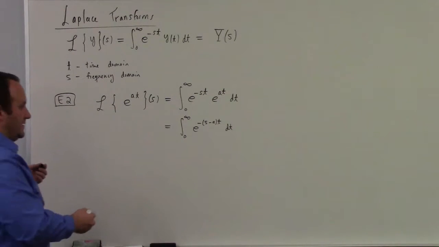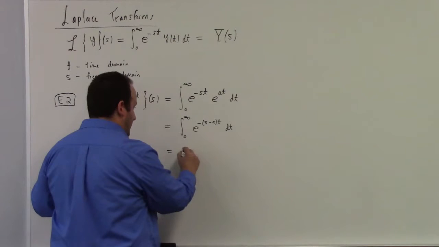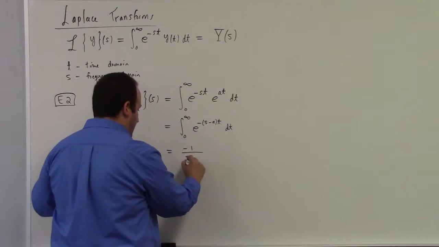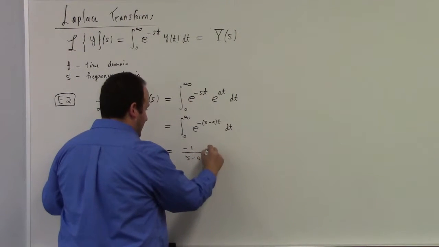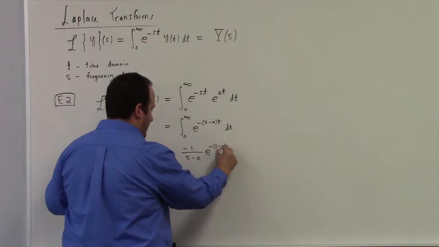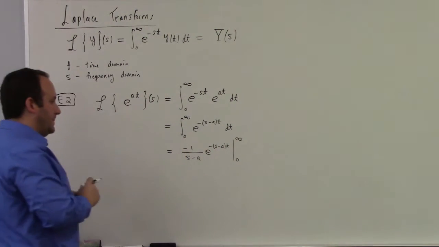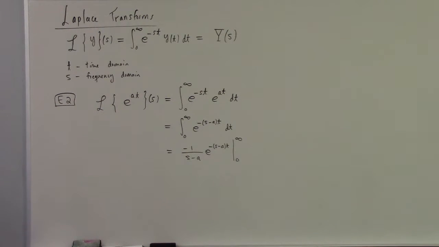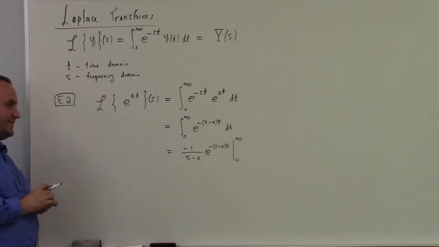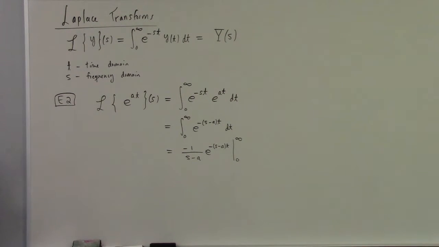Now you can integrate this thing. So this is minus 1 over s minus a, e to the minus parentheses s minus a t, evaluated from 0 to infinity. Now, if s is greater than a, then the infinite term drops out, because then s minus a is positive, consequently minus parentheses s minus a is negative, e to the minus infinity is 0.